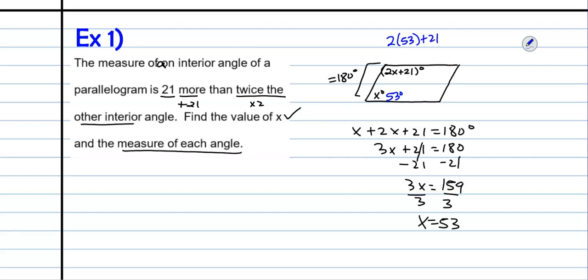Well, 2 times 53 is going to give us 106 plus an additional 21 is 127 degrees. So I'm even going to go one step further. I'm going to say the measure of angle 1 was 53 degrees, and the measure of angle 2, which was unknown to us at the beginning, was 127 degrees. And then we can kind of check, does that add up to 180? Yes, it does.